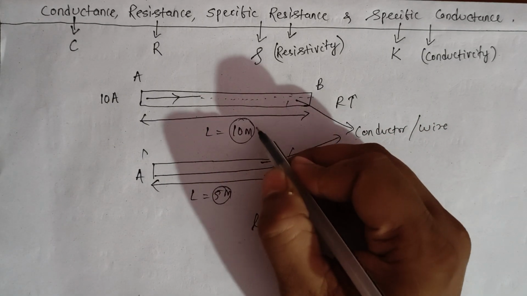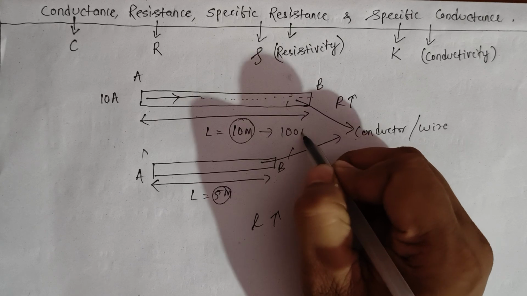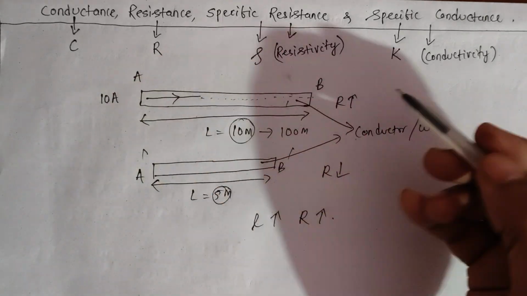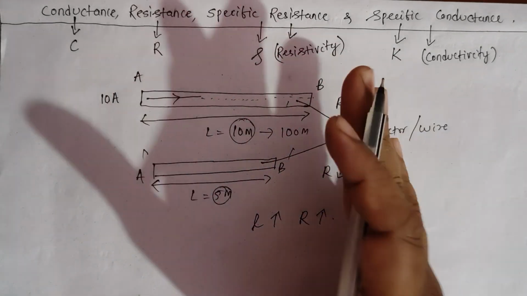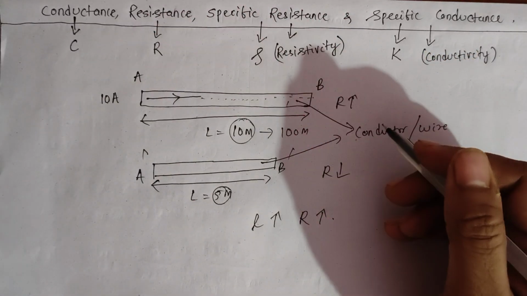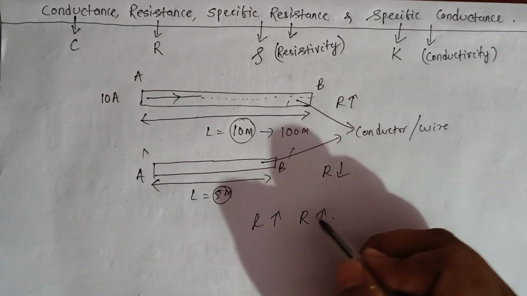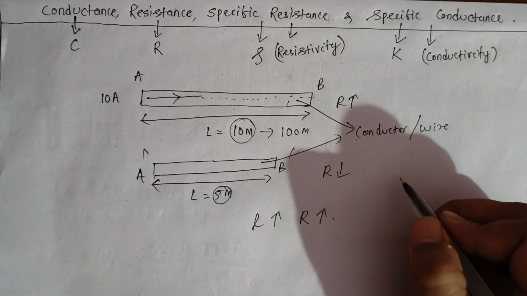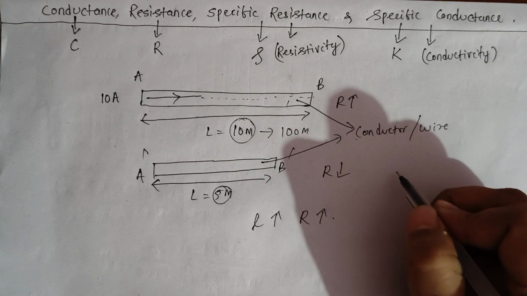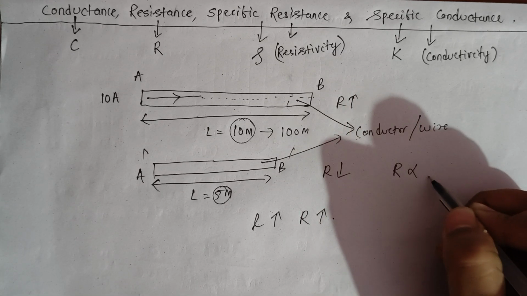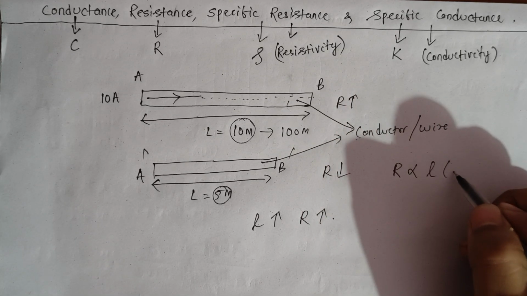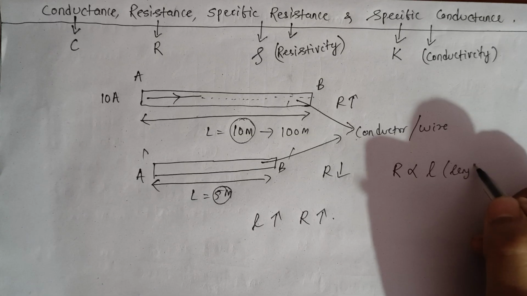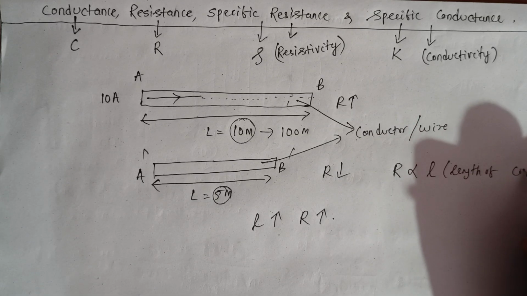When length becomes 100 meter, from 10 meter to 100 meter, then the output current must be lower. Are you getting my point? Yes or no? When length increases, resistance also increases. That means R is directly proportional to L, the length of conductor. Very simple.